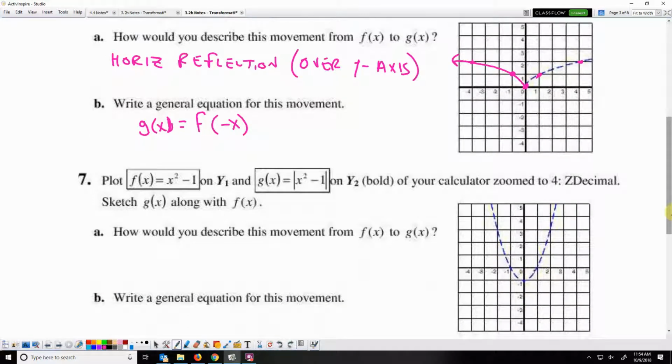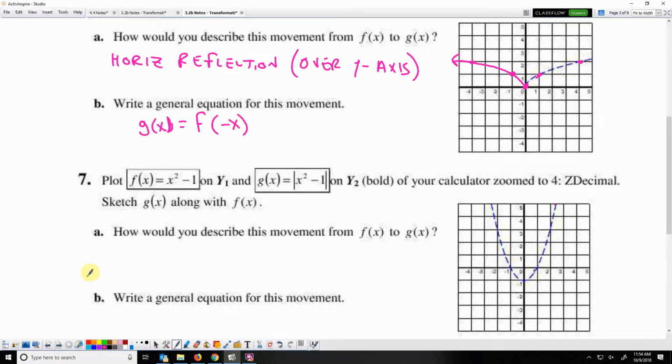All right, so now we've got f of x equals x squared minus 1. That's what's right here. It's a parabola shifted down 1 unit. What if we did the absolute value of x squared minus 1? How would you describe that? So what absolute value does is it takes all of your negative outputs and makes them positive.